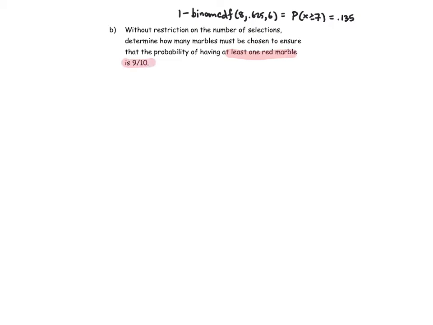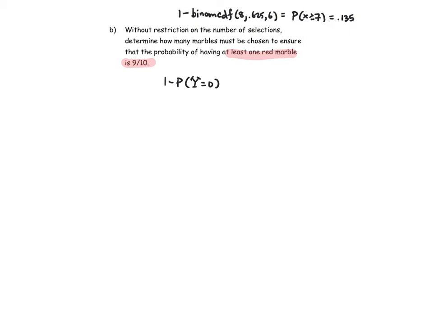Well, that's going to be 1 minus the probability, and we'll call this event Y, minus the probability of getting 0 red marbles. So let's say Y is the number of red marbles that we are selecting.